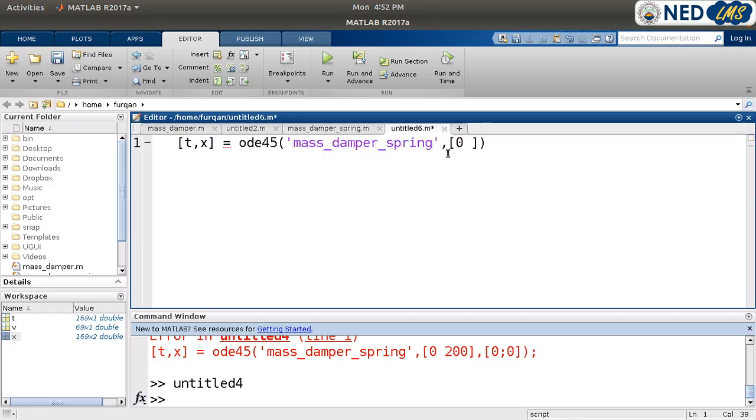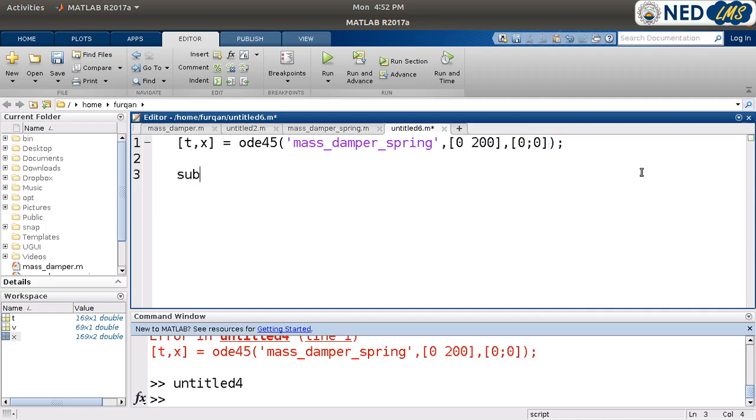I'm considering the same time span, 0 till 200, comma, initial values. Now we have defined two initial values as a column matrix or vector, as we have two differential equations.